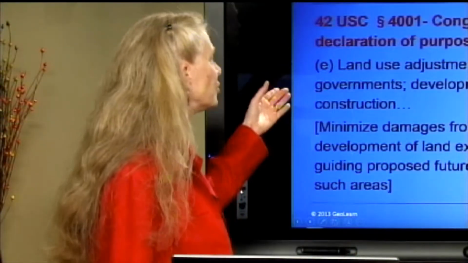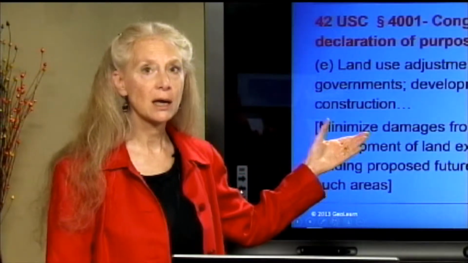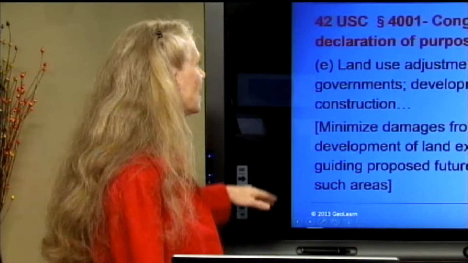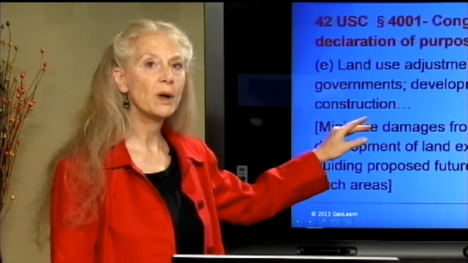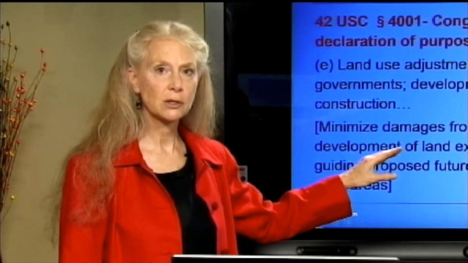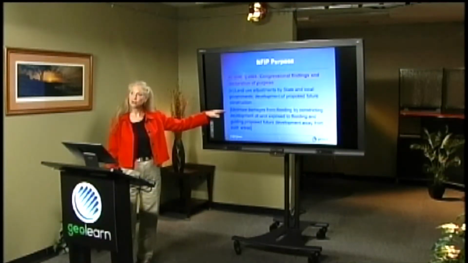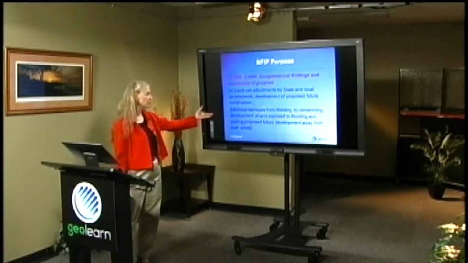And we see that it's supposed to be a means of adjusting the use of land by the regulating bodies, both at the state and local levels, so that we make sure that we are minimizing risks to lives and property. And it's not only for existing structures, but also for future structures.